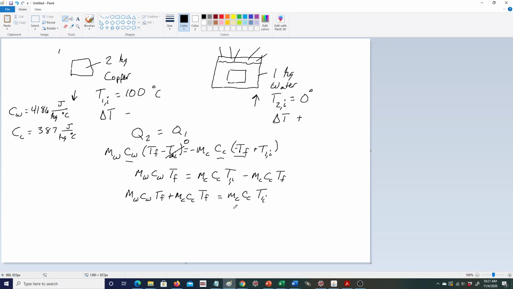And something else I can do, since the masses are just off by a factor of 1, I can insert 1 for the mass of water, and 2 for the mass of copper.